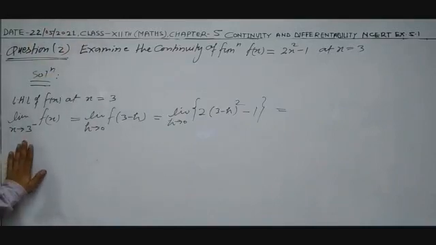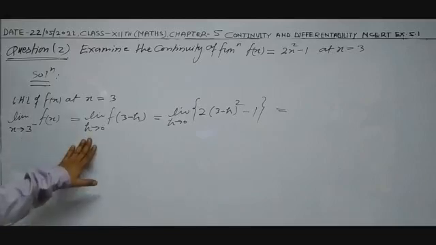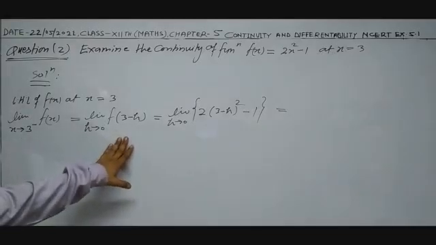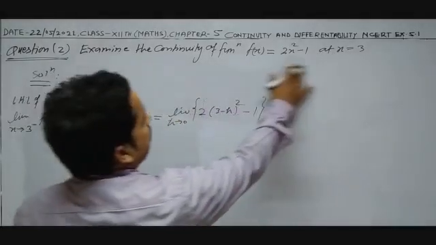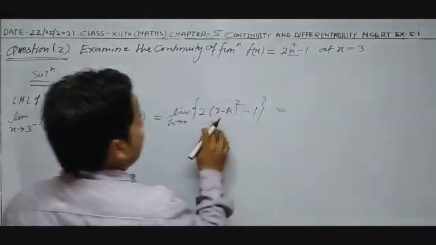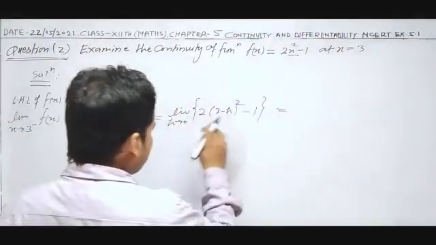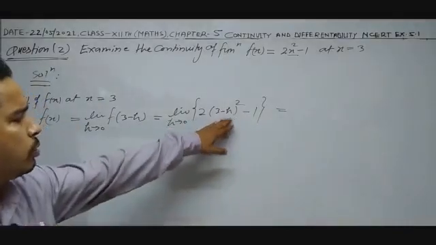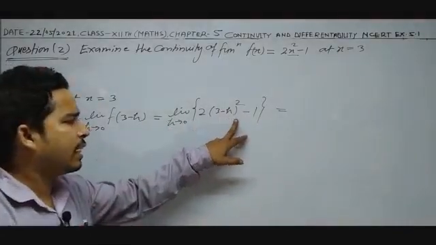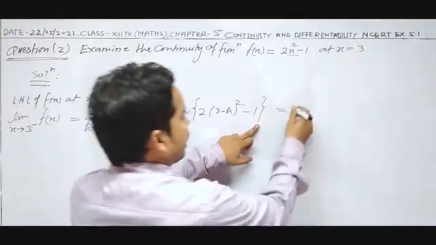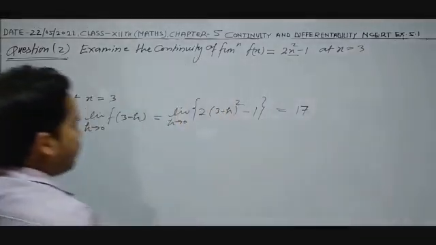So left hand limit of the function is limit x tends to 3 minus f of x is equal to limit h tends to 0 f of 3 minus h, and the function is this, and at the place of x you will put 3 minus h whole square, and the result you will get when h tends to 0. In this case 3 square, that is 9, 9 twos are 18 minus 1, that will be 17. So left hand limit is 17.